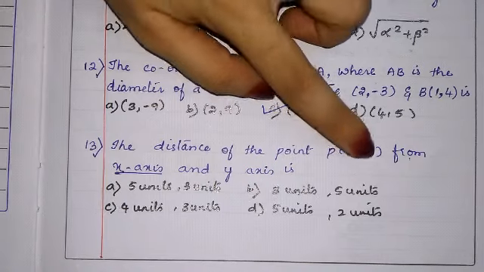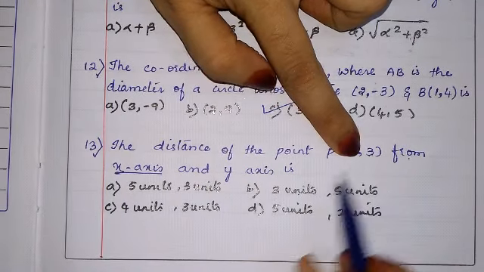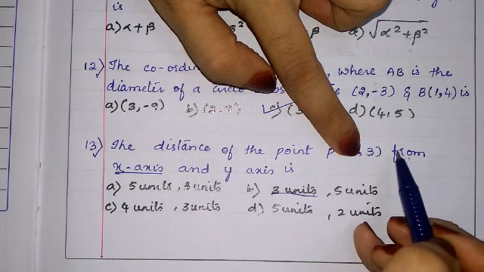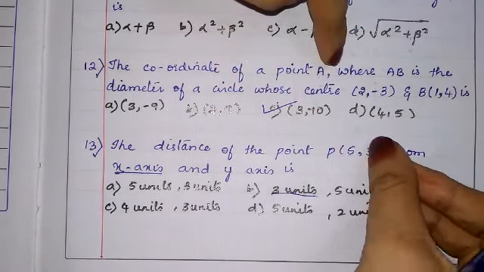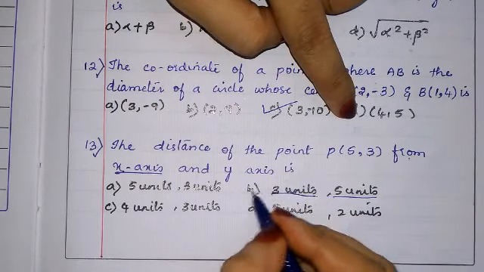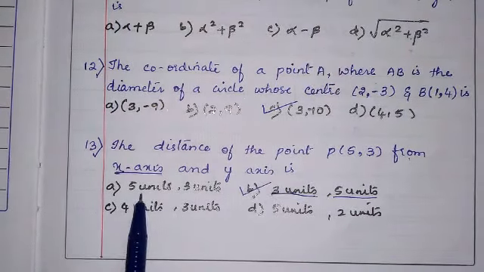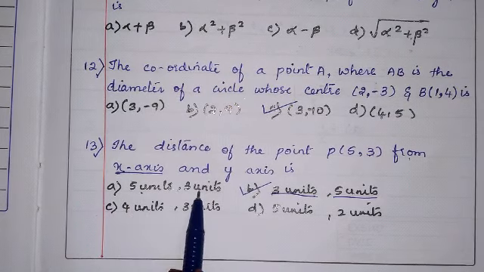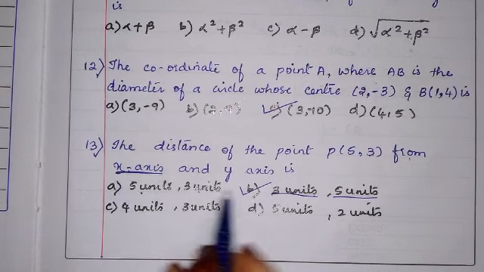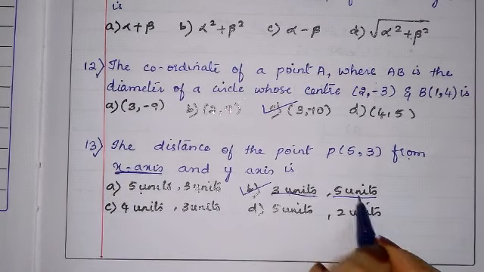From the x-axis, the distance is 3 units. First they have told x-axis, so 3 units, and from the y-axis it is 5 units. So this is the correct option, B: 3 units and 5 units. It cannot be 5 units and 3 units, because first they have asked for the x-axis.